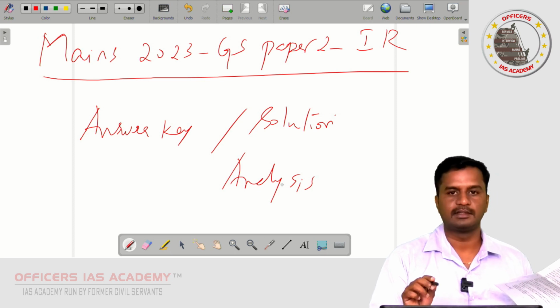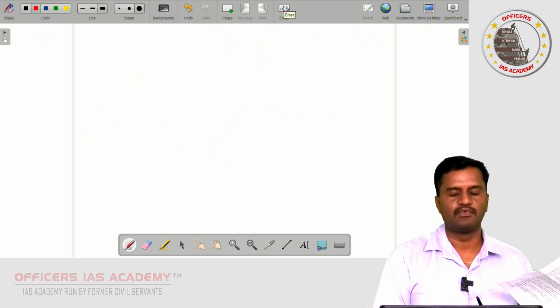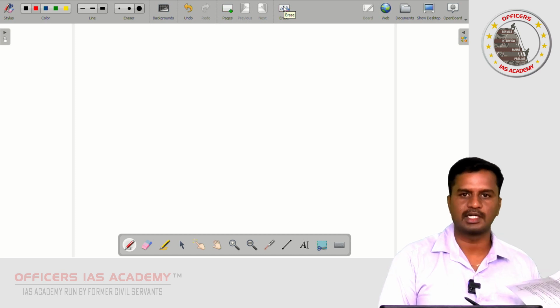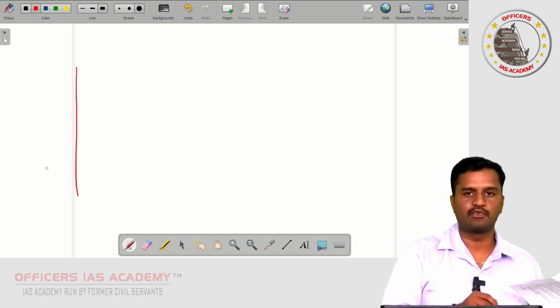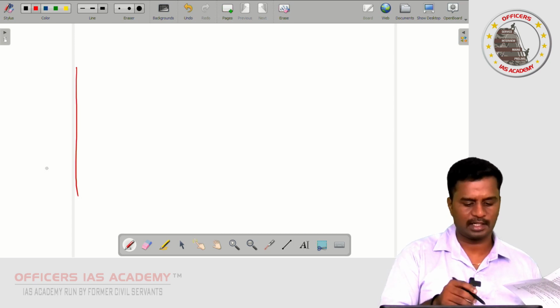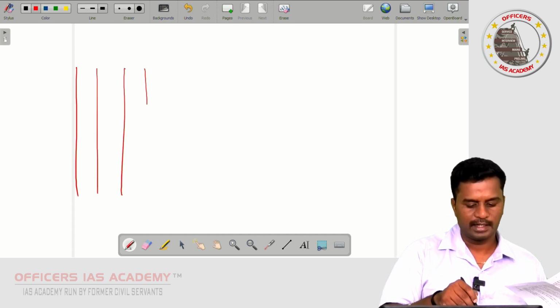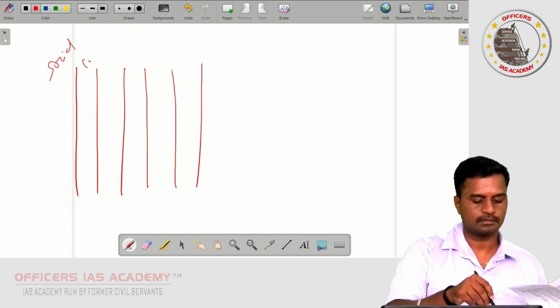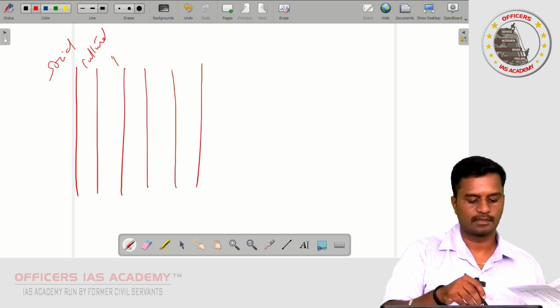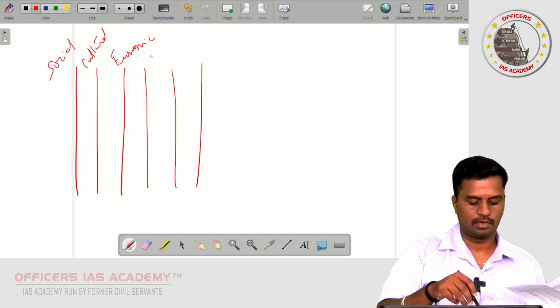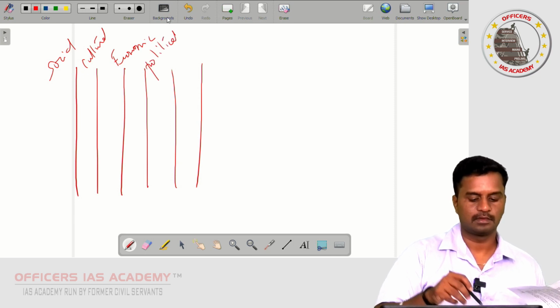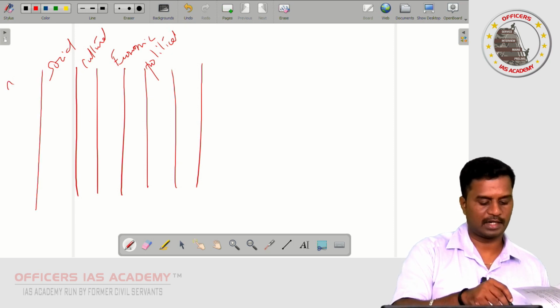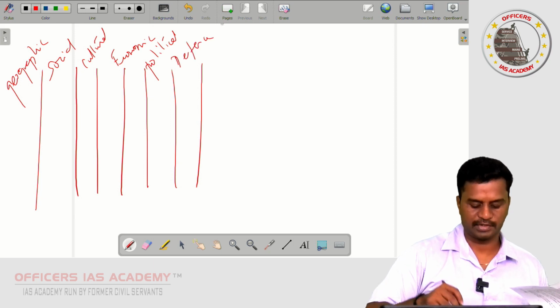I suggest following this model for answer writing as far as IR is concerned. Approach IR for both studying as well as answer writing across 6 dimensions: social, cultural, economic, political, geographic and defense.